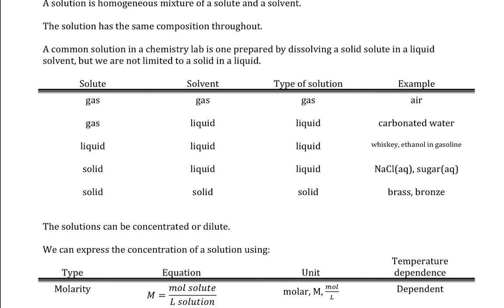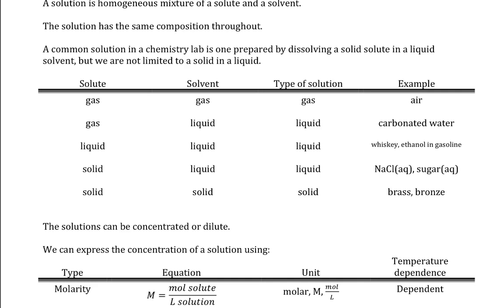We can have ethanol in gasoline. That's a liquid type solution. We can have a solid dissolved in a liquid, so the type of solution would be a liquid one. That would be, for example, sodium chloride dissolved in water, or maybe sugar dissolved in water.